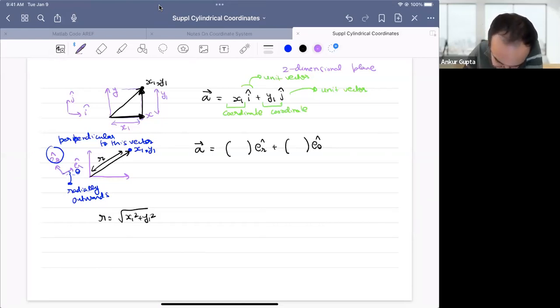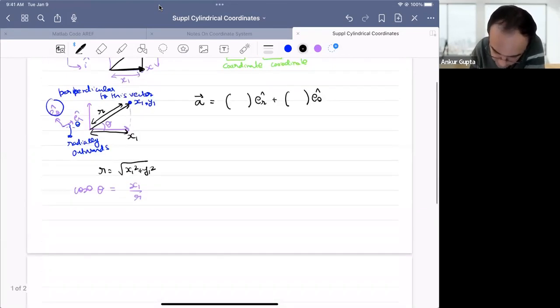And theta is the angle with the x-axis. If I draw a triangle here, this distance is x1, so cos of theta is x1 by r. You can also say tan of theta is y1 by x1, or choose any of these options.